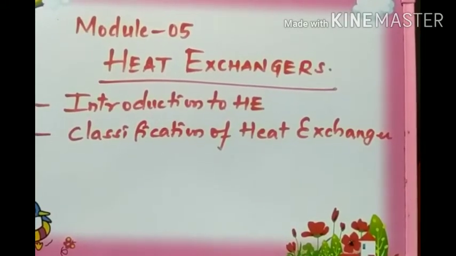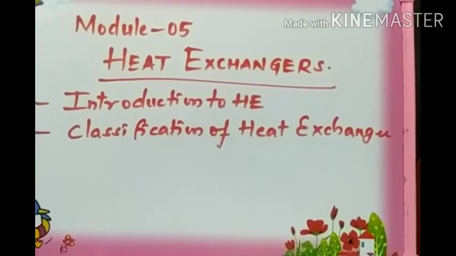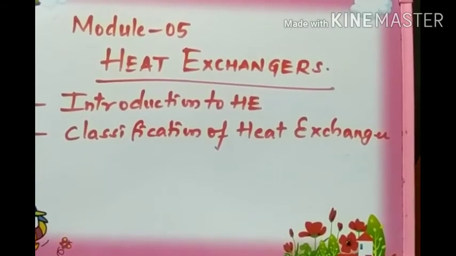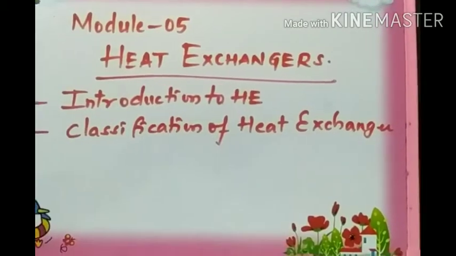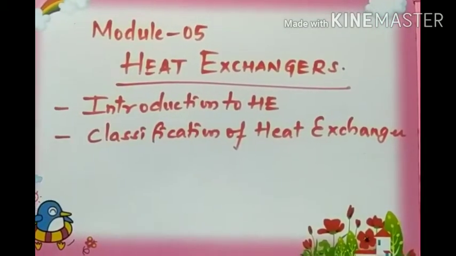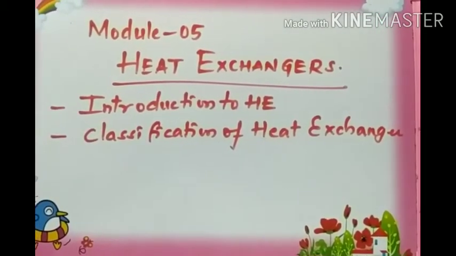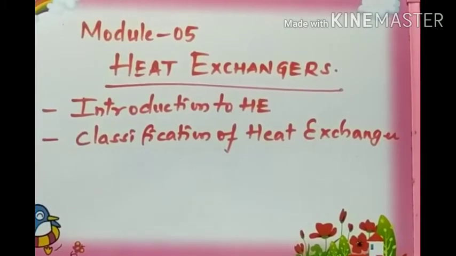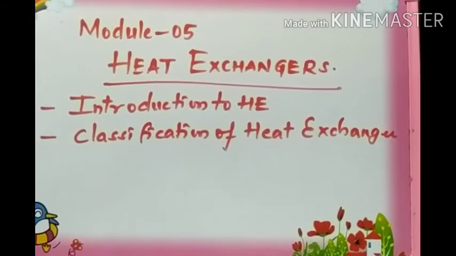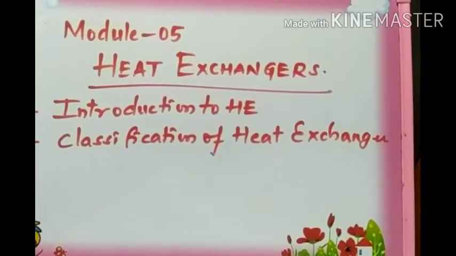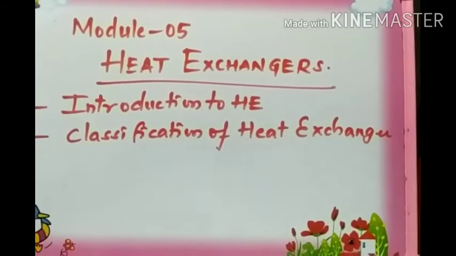So if you look at these three components, boiler, condenser and cooling tower, and their working principle, the exchange of energy or heat transfer occurs between either a fluid and a surface or between two fluids.